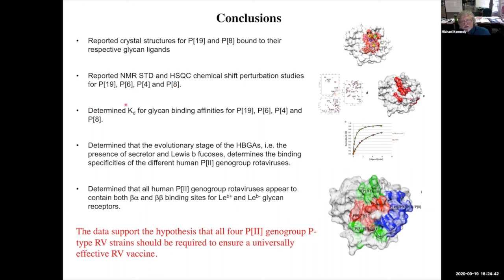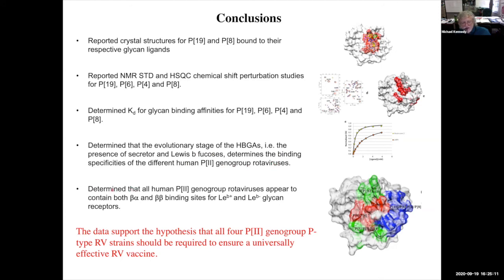We also determined the dissociation constants for glycan binding for, again, all four of the human genotype RVs. And we conclude that the evolutionary stage of the histo-blood group antigens, i.e. the presence or absence of the secretor and Lewis B fucoses, determines the binding specificities for the different P2 genogroup rotaviruses.